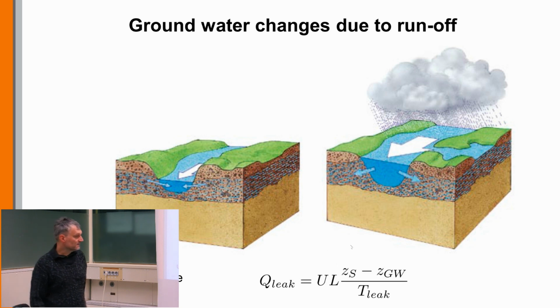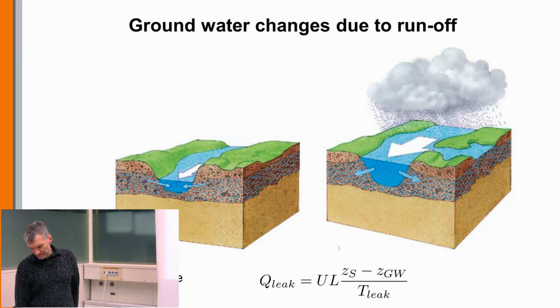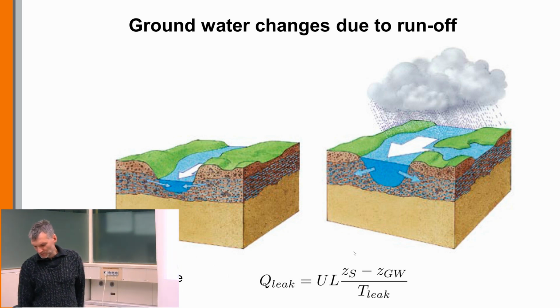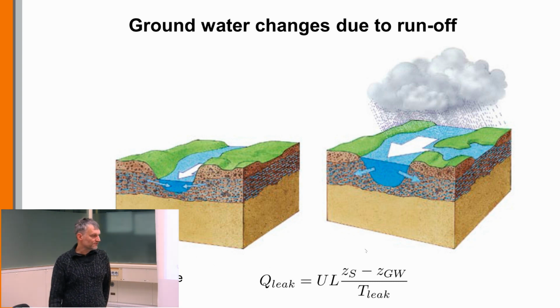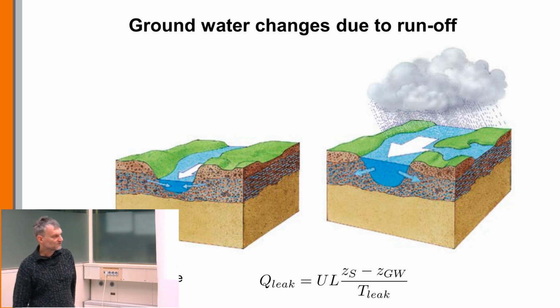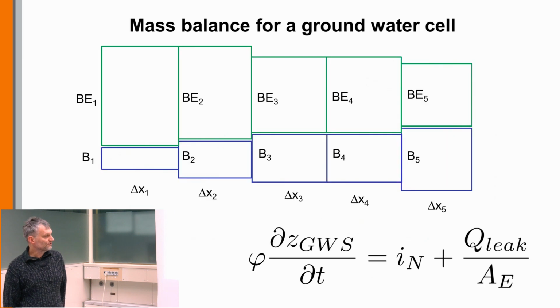What is missing is a time, so that both sides of the equation have the same unit, which means cubic meter per second. This we introduce as a leakage parameter, and we have to tune this parameter to get good results.